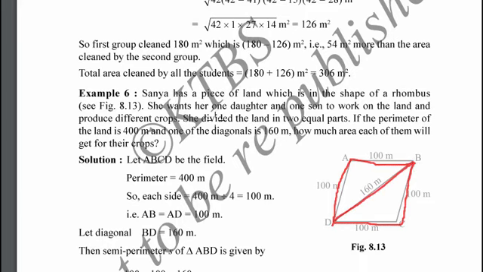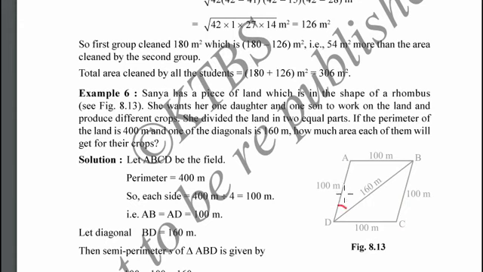If the perimeter of the land is 400 meter, and one of the diagonals is 160 meter, how much area each of them will get for their crops?